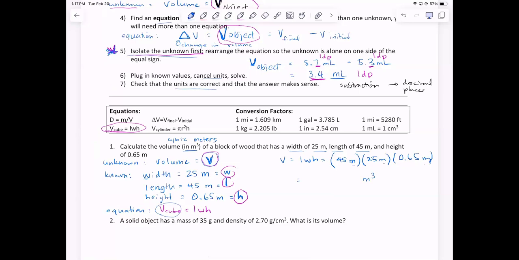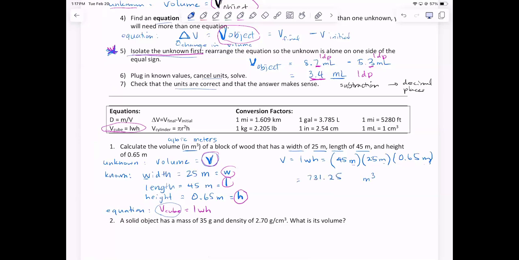Now I'm going to put this into the calculator, which is 45 times 25 times 0.65. Now, it didn't actually matter what order this was listed. The 45 was first, but the 25 could have been first, or the 0.65, because with multiplication, it's all the same when you put it in the calculator. It doesn't matter the order.